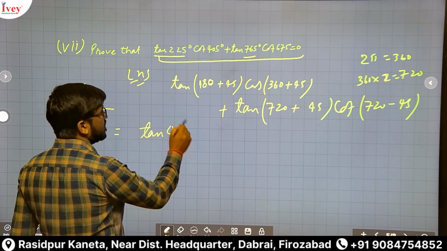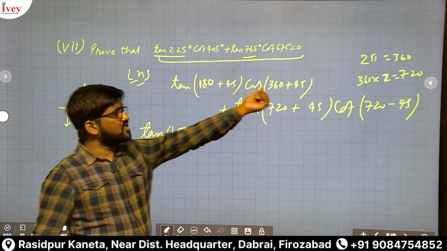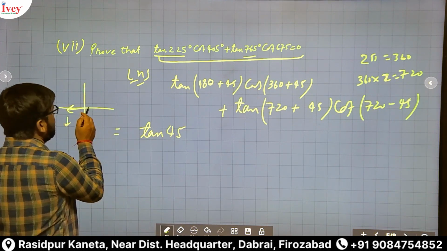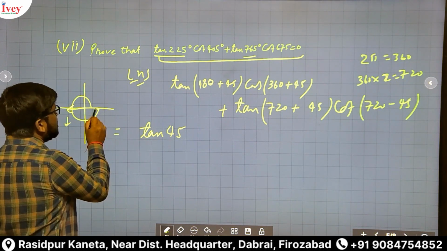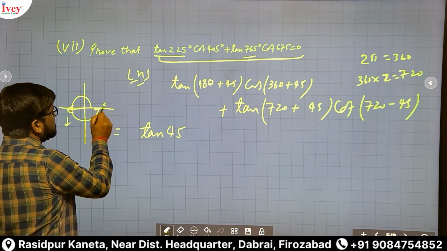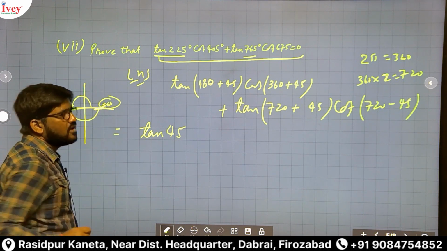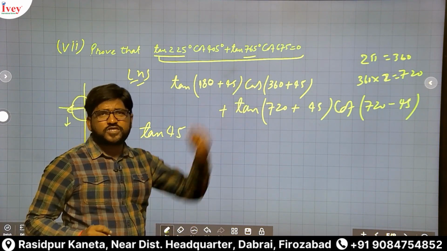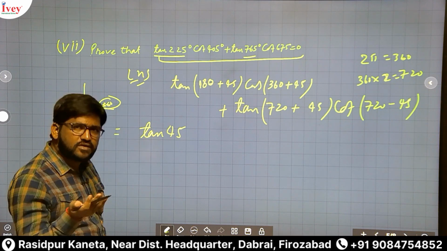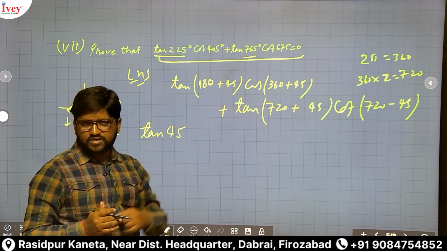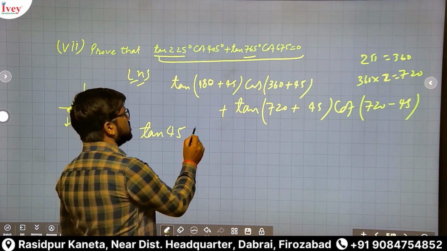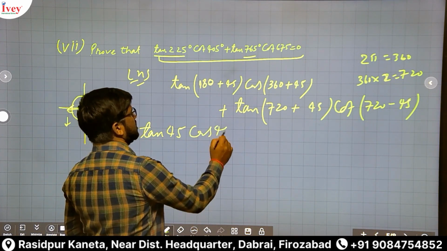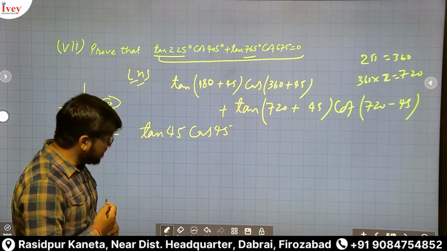I hope and believe you are getting the things properly. Now where is 360? If you turn anti-clockwise in one revolution, you will get 360 degree here, right? So 360 plus 45, this means we are landing over the first quadrant. In the first quadrant all are positive, so it is going to be cot 45 degree.